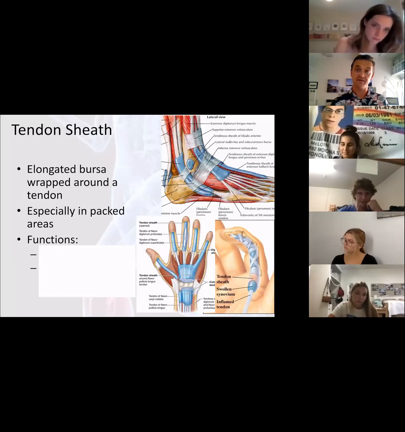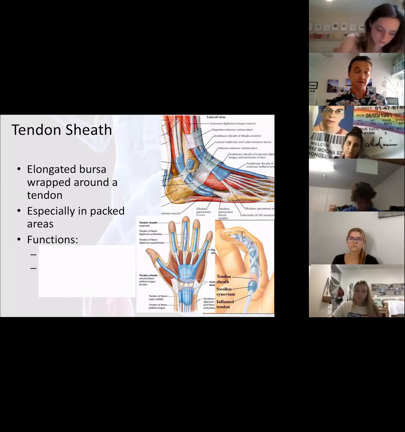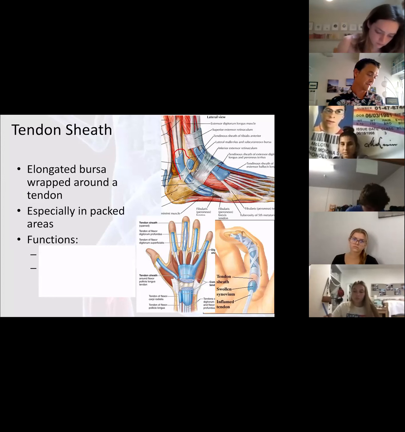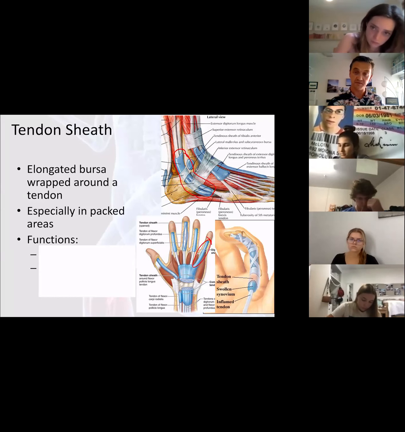Okay, another structure we have around joints and outside of joints is called a tendon sheath. That tendon sheath is really just like a big bursa, but it's wrapped around tendons. You can see a bunch of these here, right? All these tendon sheaths, we tend to have them in places that are really packed with a bunch of tendons and other tissues. So we have them in our ankle, and our wrist, and our hand.